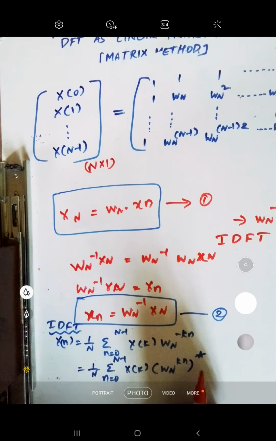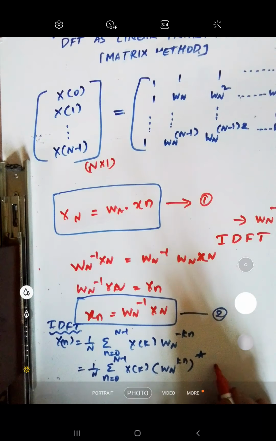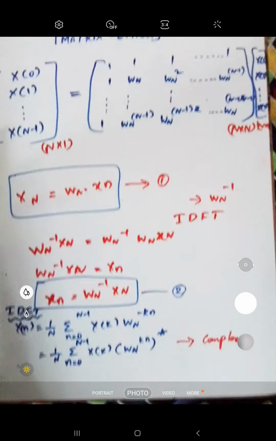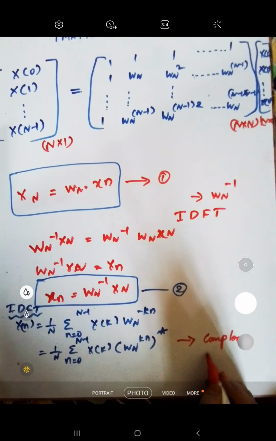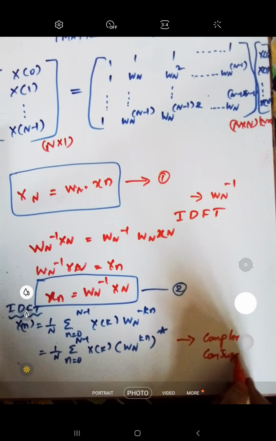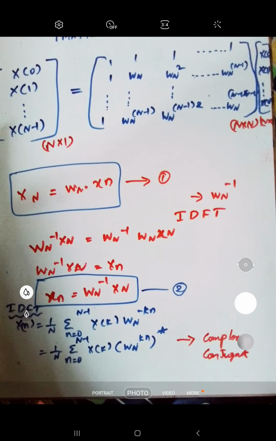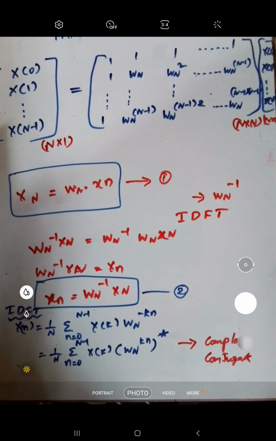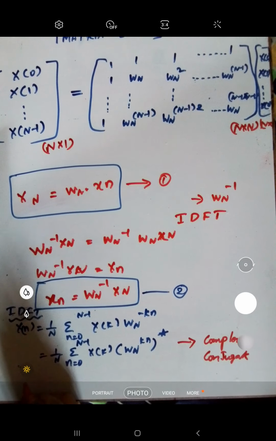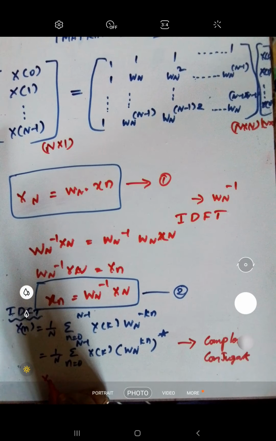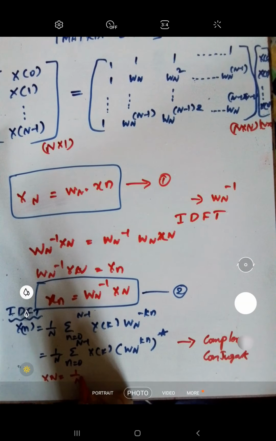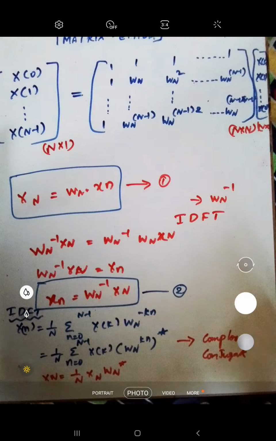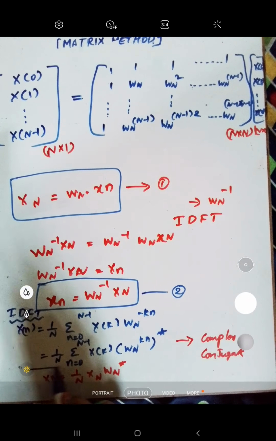It is a complex conjugate because we have a negative term. Then it can be written as x of n equal to 1 by N, W_N complex conjugate times X of k. This is equation number 3.